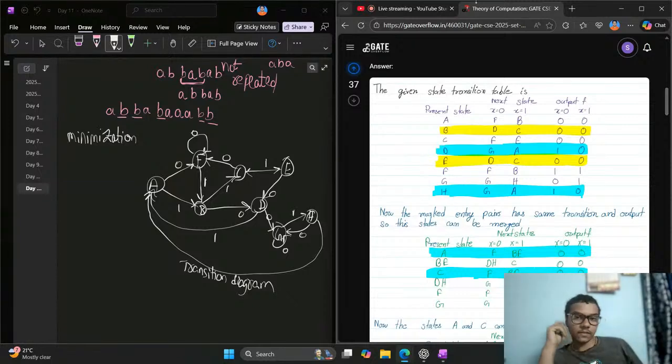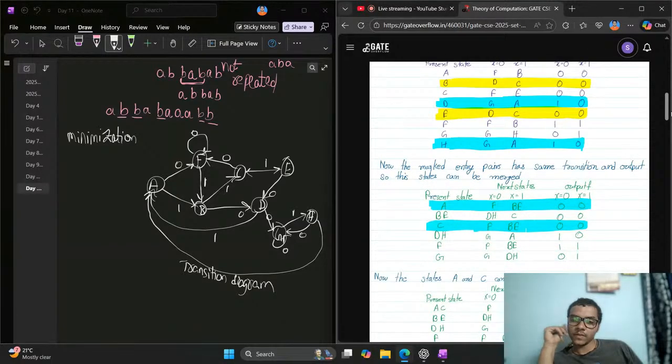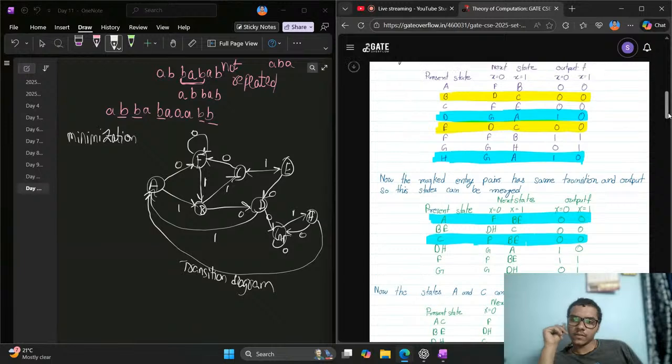That is the transition diagram, by the way. Yeah, I uploaded it already. So DC and DC belong to the same equivalence class, and GA, okay, so DH can be combined. Same transition and output.